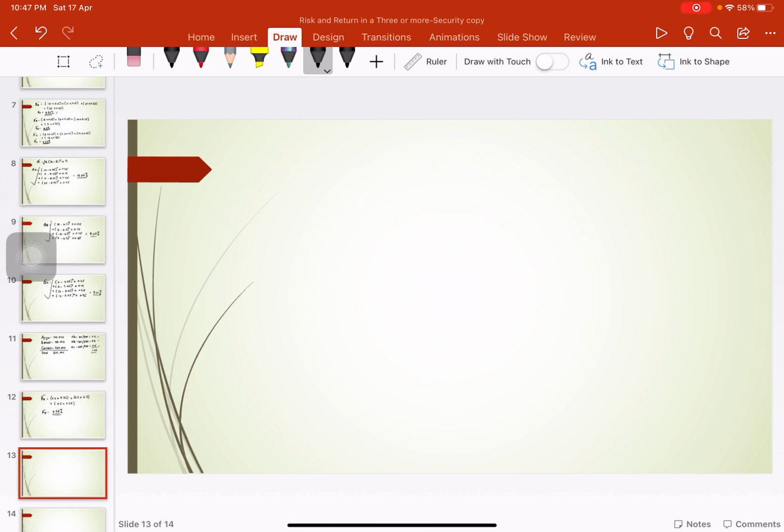Alright, so now kita nak calculate the standard deviation of the portfolio.